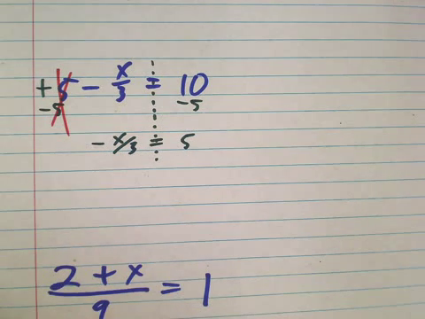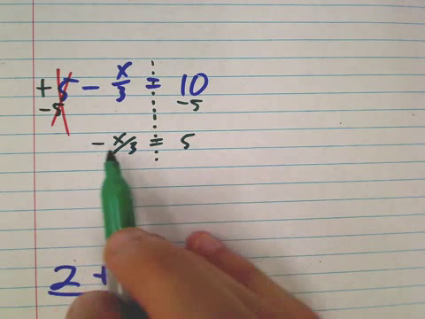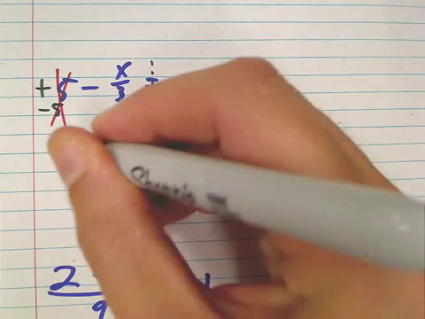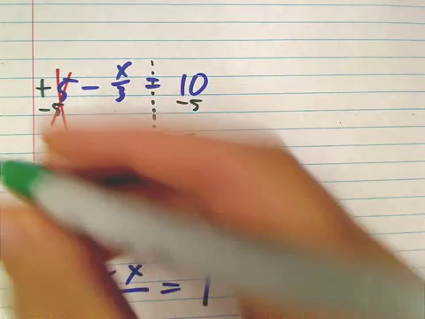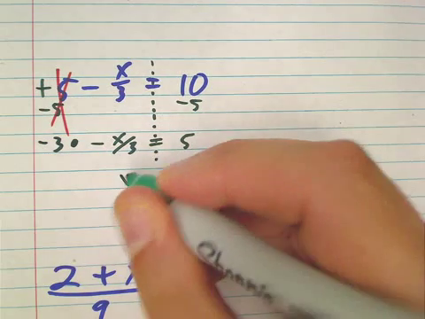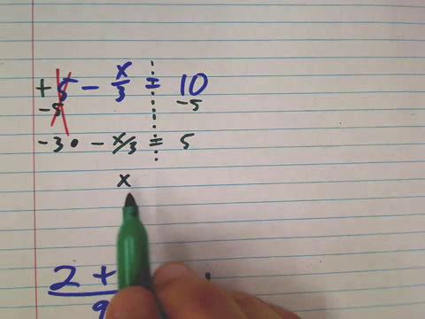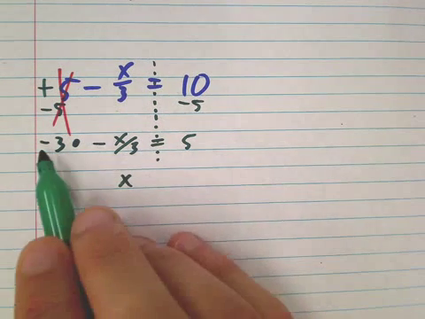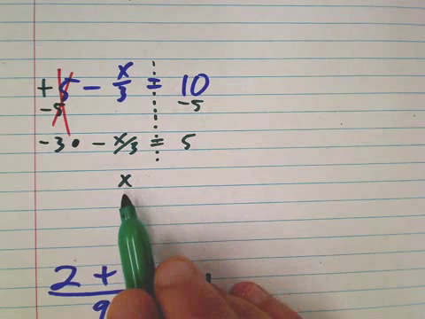Okay, and this has come up on some of your Carnegie as well, if you're at that point. So to get rid of this negative x over 3, well, I'm dividing by 3, so I'm going to multiply by 3. But I'm going to multiply by negative 3, because what I want is just an x here. This is what I want. This is my goal. And if I multiply a negative by a negative, that'll give me this positive x.